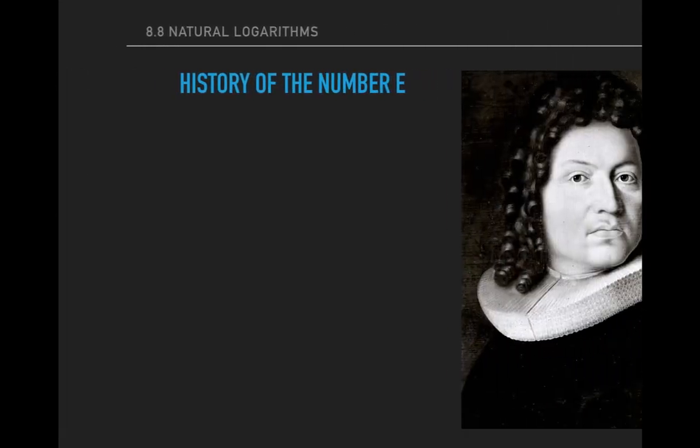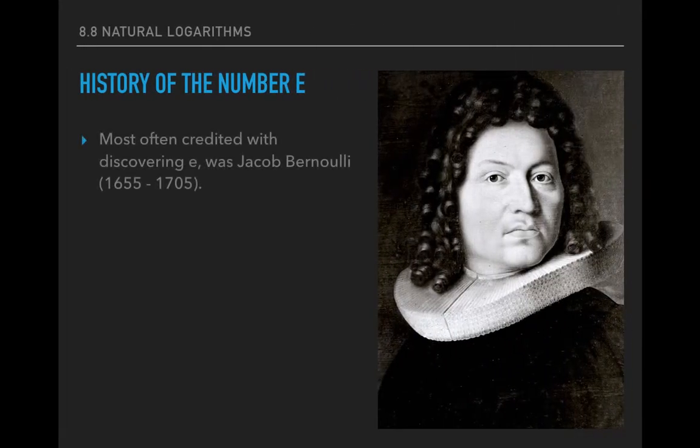His name was Jacob Bernoulli, a kind of stoic looking man, right? He was alive a little bit before Euler was, and he is often credited with actually discovering e, even though Euler is maybe more popular.